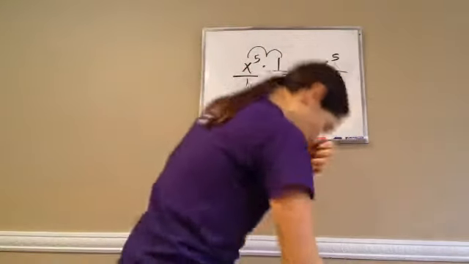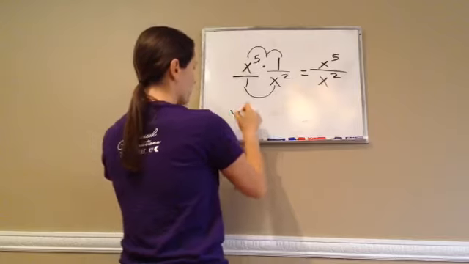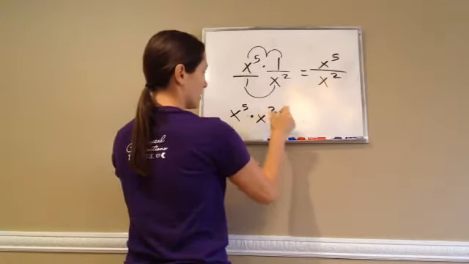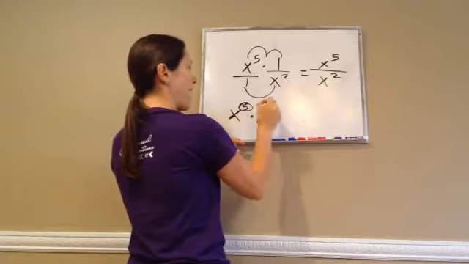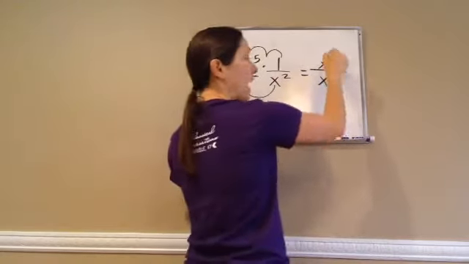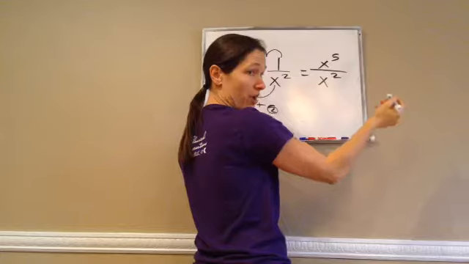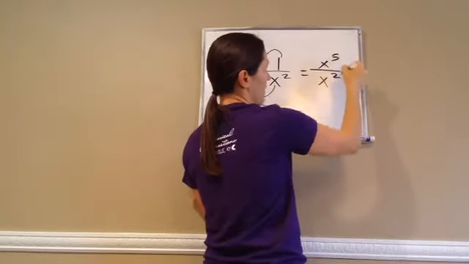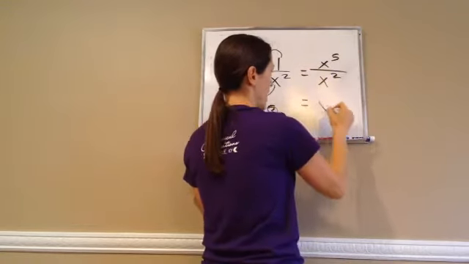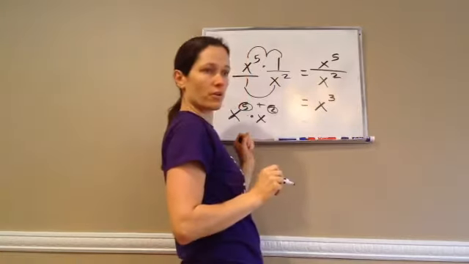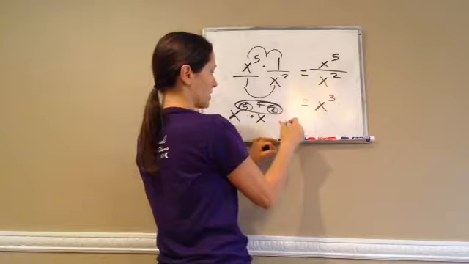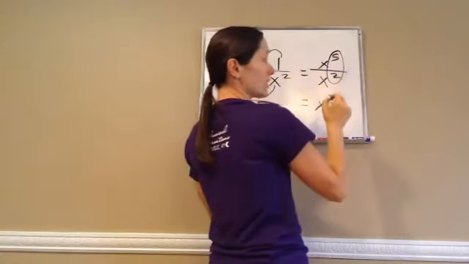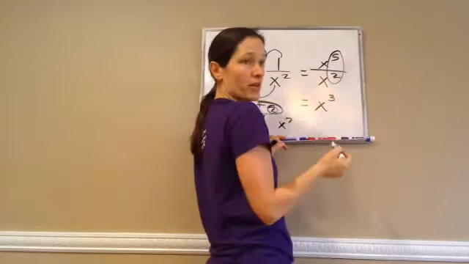Now, when you're multiplying variables, the 5 and the 2 add. But when you divide variables, they subtract. So this actually is 5 minus 2, which is x to the third. These ones add, 5 plus 2 would be x to the 7, and this one they subtract, 5 minus 2 would be 3.